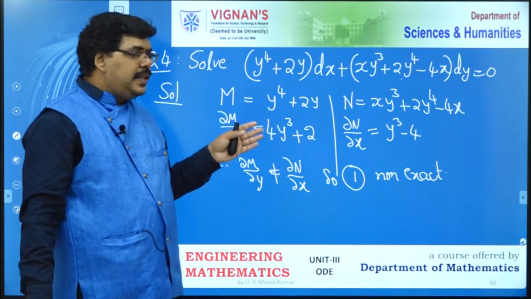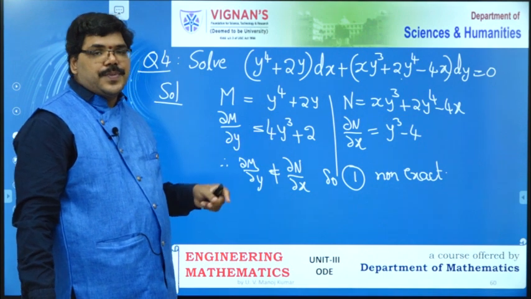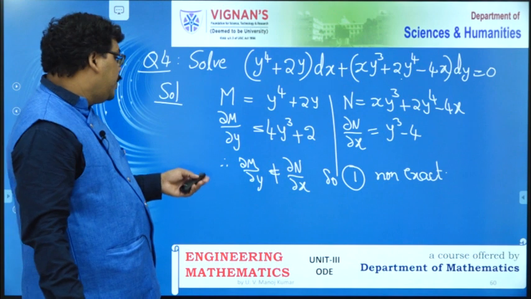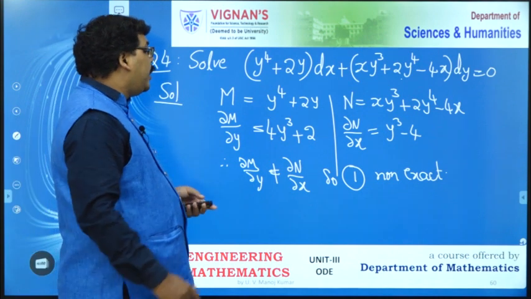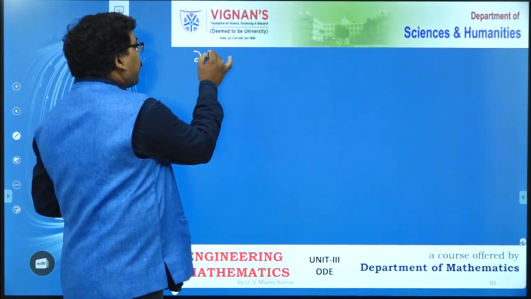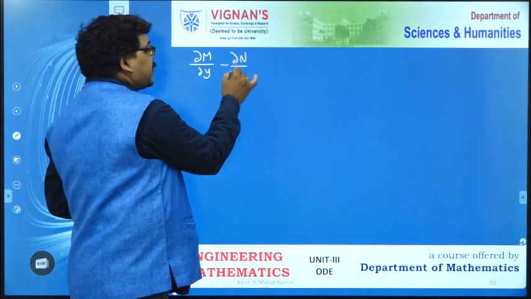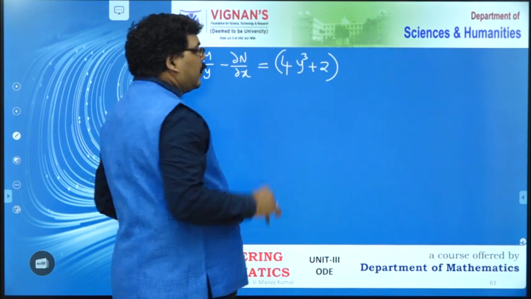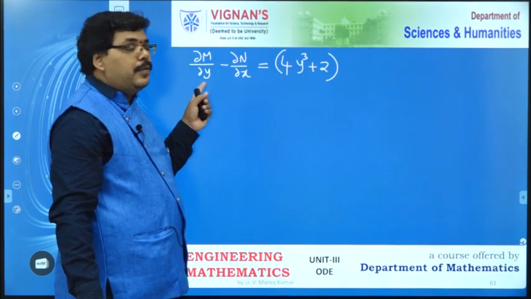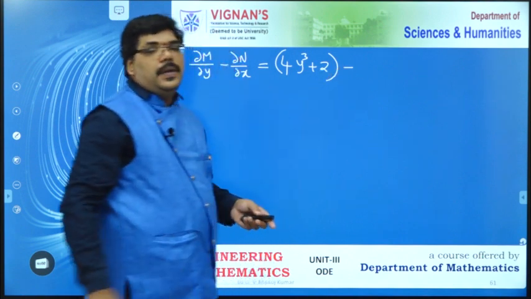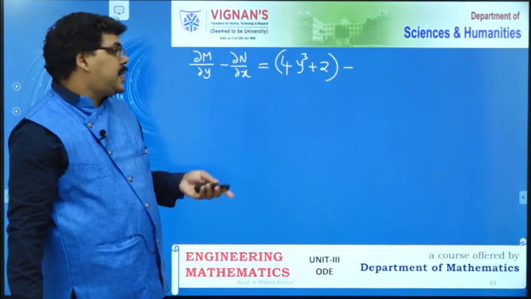So we have to find the difference between the derivatives. So let us find dou M by dou y minus dou N by dou x. Dou M by dou y is 4y cube plus 2, minus, what is dou N by dou x?